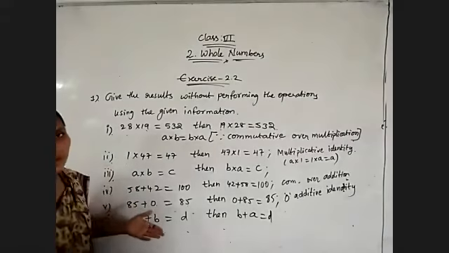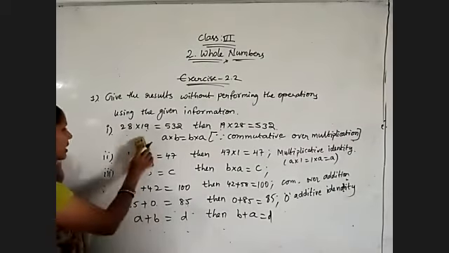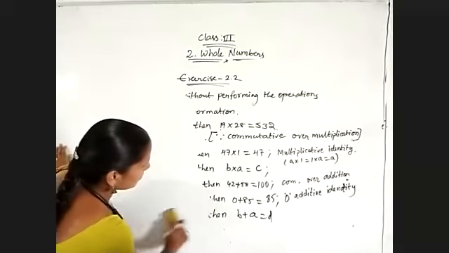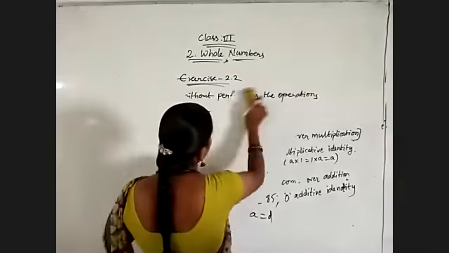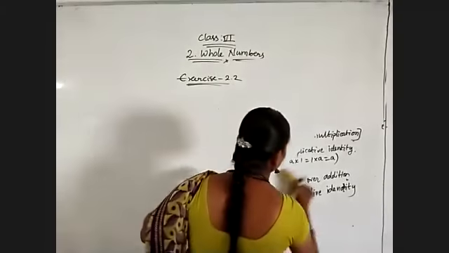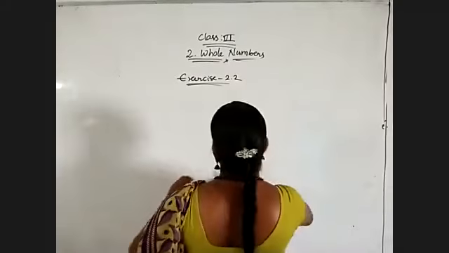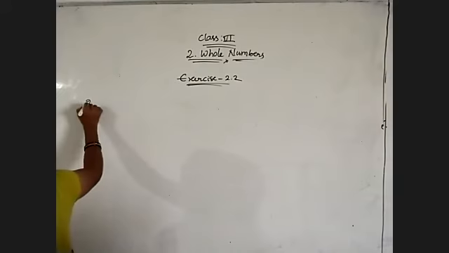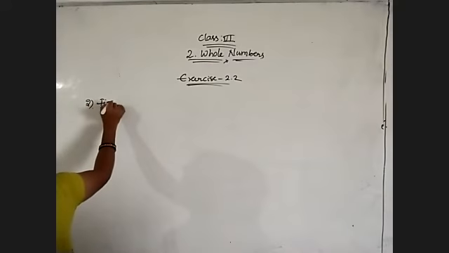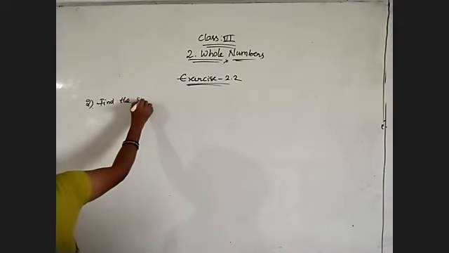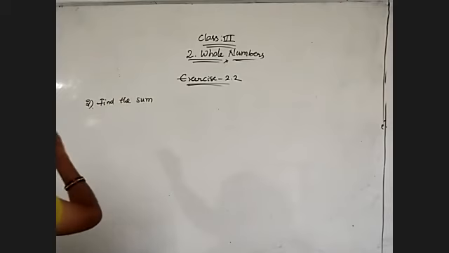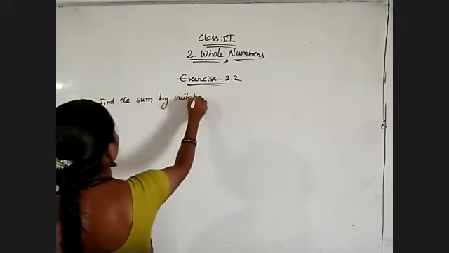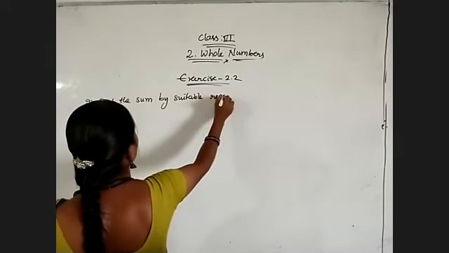First bit is very simple. Coming to the second bit. Find the sum by suitable rearrangement.